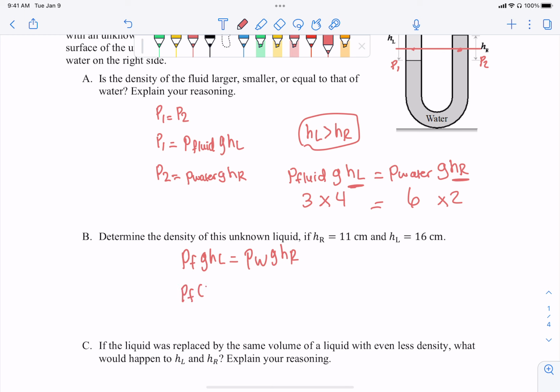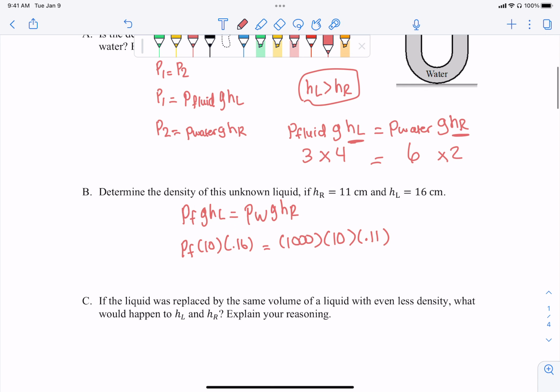So rho fluid times 10, that's 10 meters per second squared. I'm going to skip the units for now. And this would be 0.16, because 16 centimeters is 0.16 meters. We want everything in SI units. Then you have 1,000 kilograms per meter cubed, 10 meters per second squared for gravity again, and HR is 0.11 meters, or 11 centimeters.